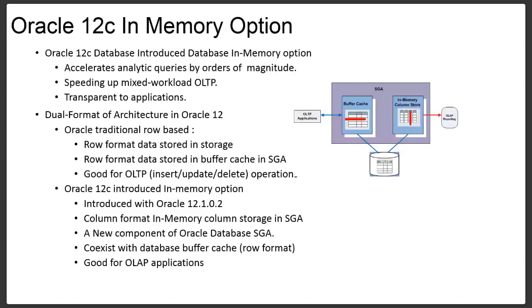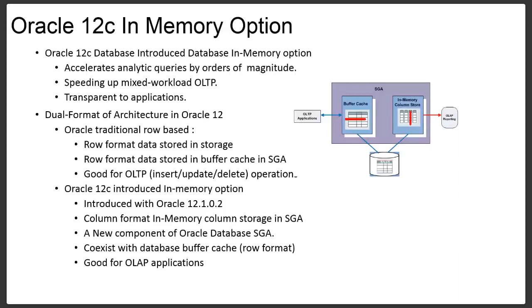As we show, when Oracle introduced this in-memory option, they adopted this dual format memory architecture. It still keeps the traditional row-based buffer cache. This is designed for OLTP applications.